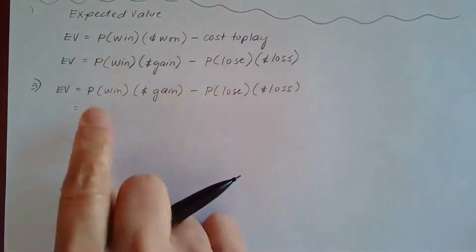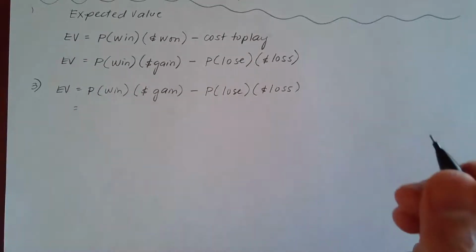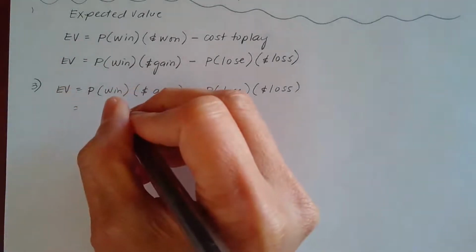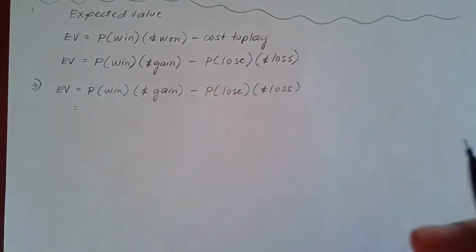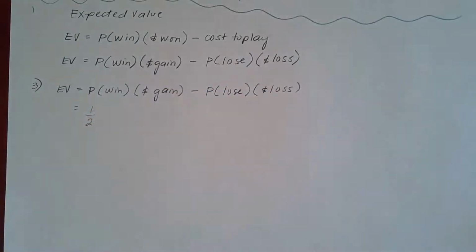So the probability, or the chance of winning, because this is a coin toss, the probability of landing on the head would be 1/2. 1 out of the 2 chances of getting the head.